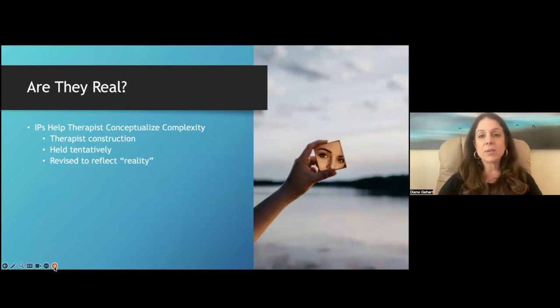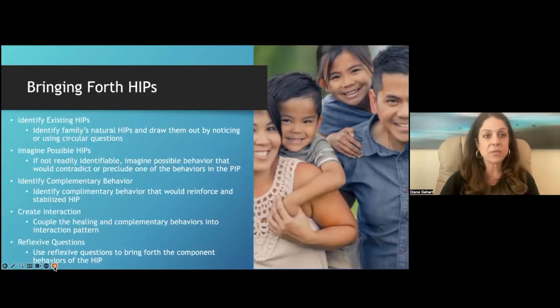So these are constantly edited and revised to help us better understand what's going on, knowing that none of these verbal labels are truly capturing the essence of who someone is or the essence of some kind of pattern. It is just a description we can use to hopefully help shift these negative patterns that we would like to have differently. So, bringing forth HIPs, or healing interaction patterns.